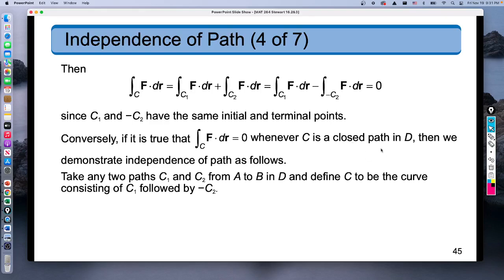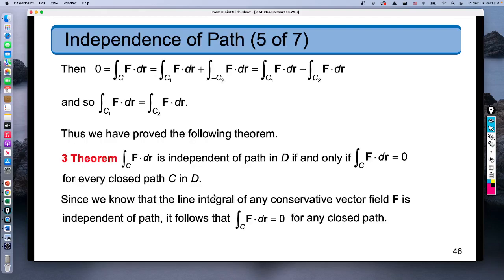So when we have independence of paths and they're closed, the integration will always be equal to 0. So we can take any two paths going from A to B, we take one path going forward, one path going backwards. As long as we go from A to B and all the way around the path, we end up with 0.